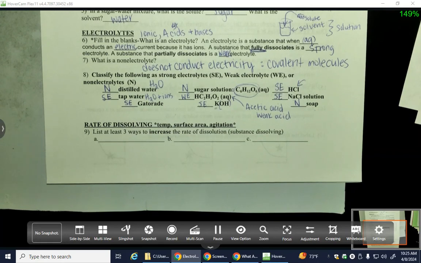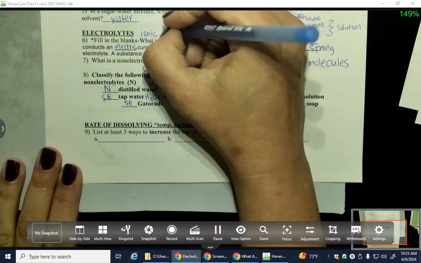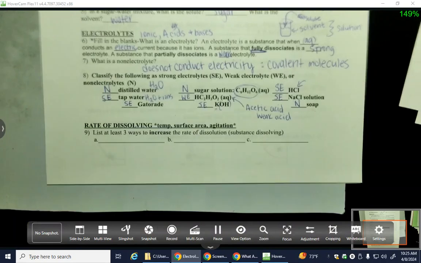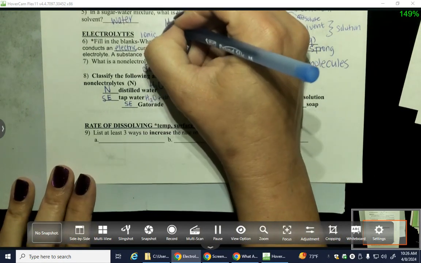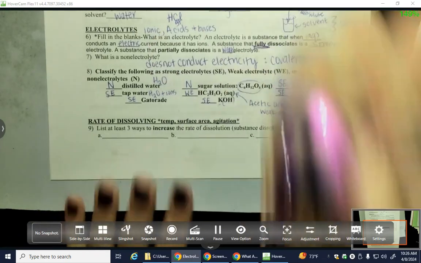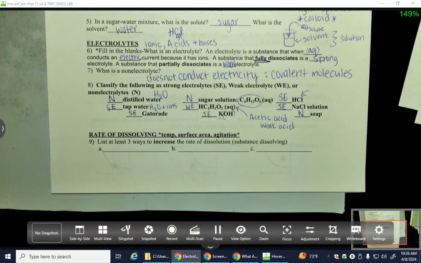So I'll make sure that the question doesn't ask that or I'll give those points back. But you should be able to tell me if something is ionic. Your acids look ionic, so I don't even think we have to write anything with that, all right? But acids do have an H with Cl, right? So something along those lines, all right? We'll learn about acids and bases in the next one.